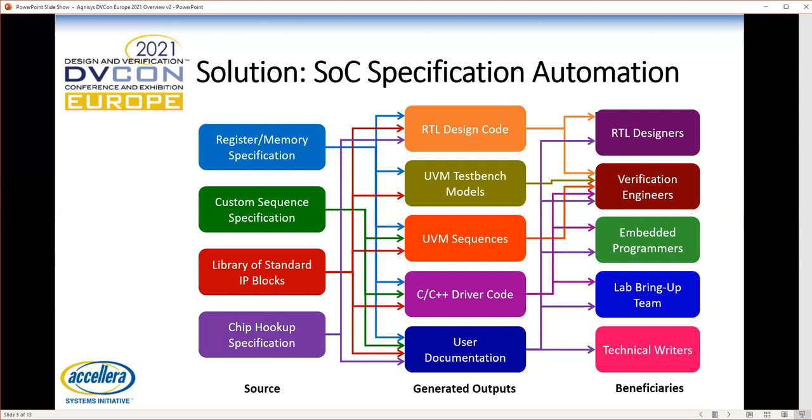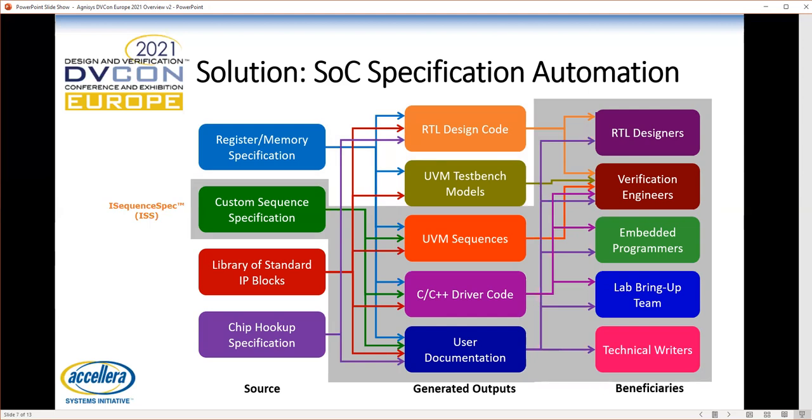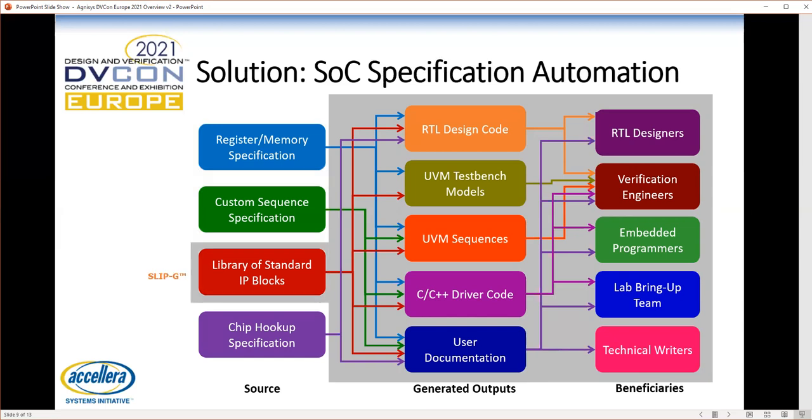Agnisys supports this entire flow with a series of products. Our IDS and ARV products support register memory executable specification and generation of all these elements. ISS supports specification of custom sequences and generation. Spec to AV is a UVM test bench generator that spans registers and sequences.